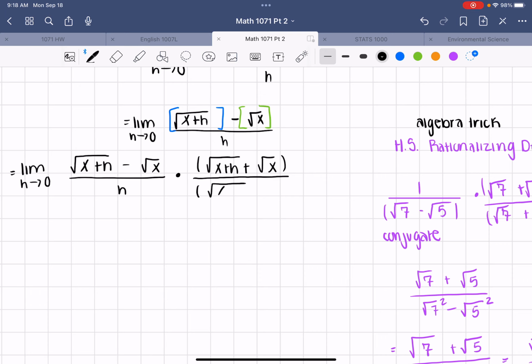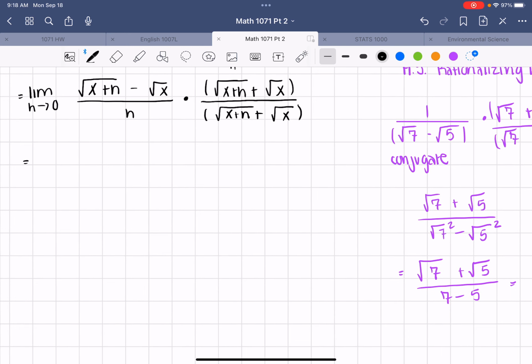Here in the denominator, nothing happens. We've got h times the conjugate. But here in the numerator, look what happens. You have a minus b times a plus b. Doesn't that sound familiar? If you have a plus b times a minus b, don't you have a difference of squares? Isn't that a squared minus b squared?